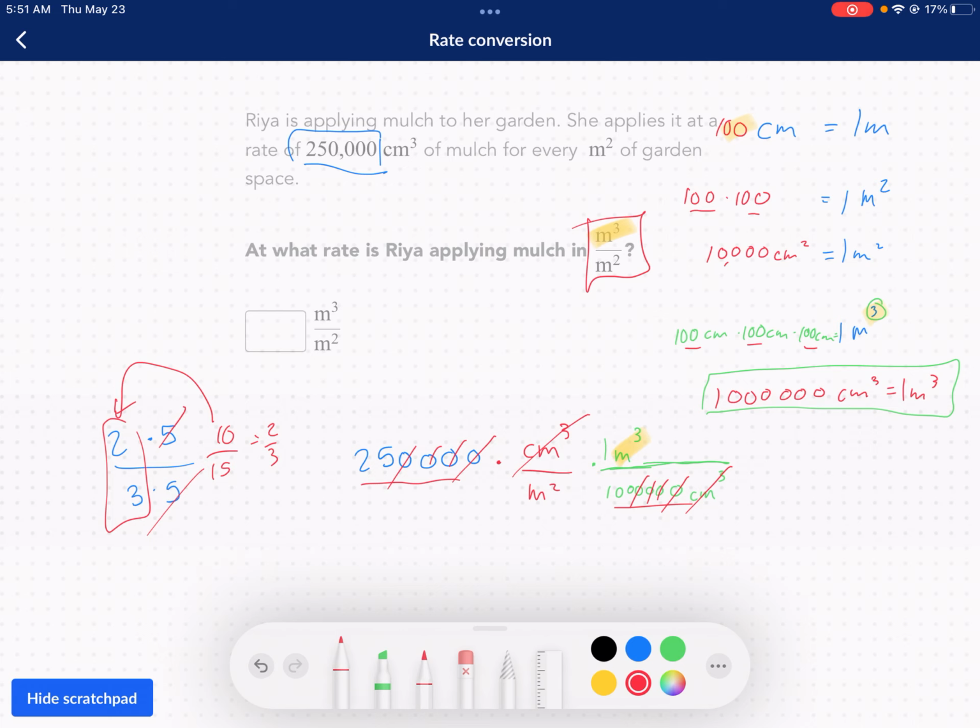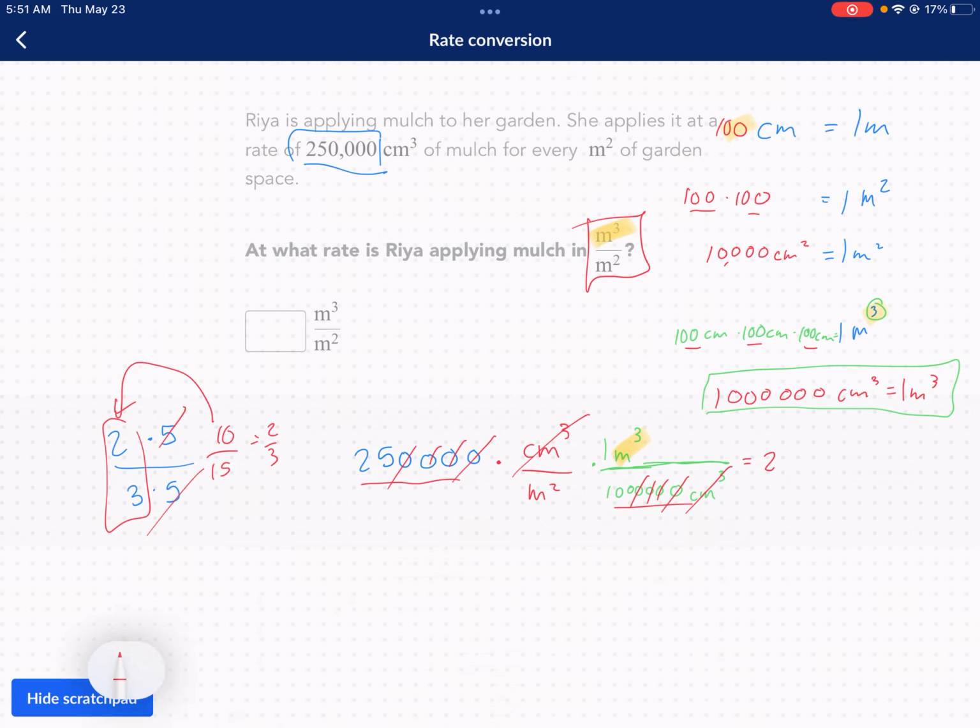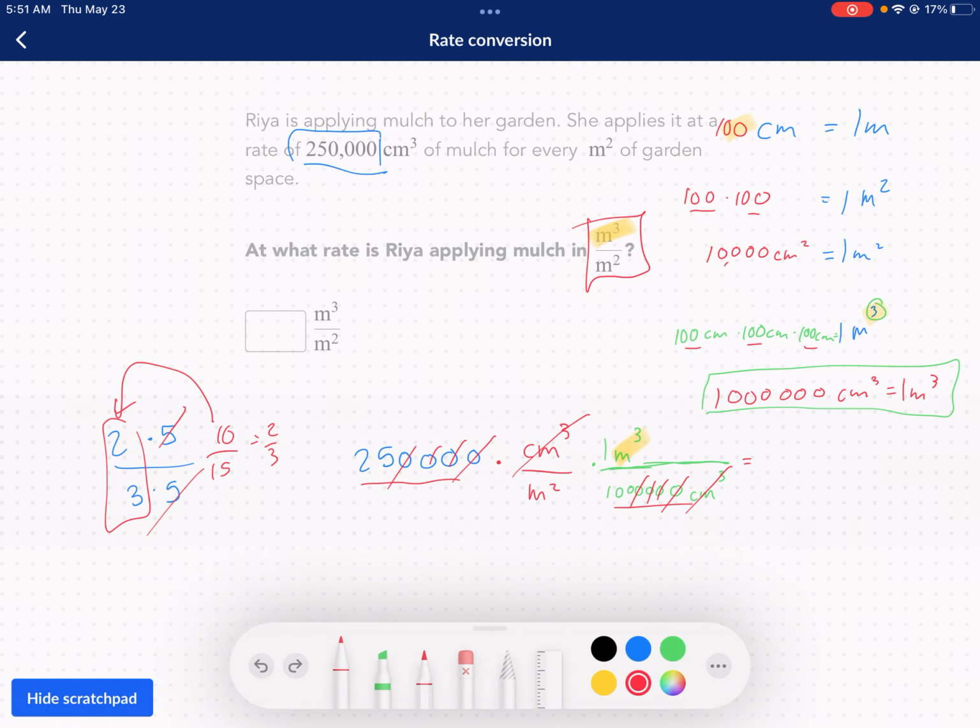Once I'm done with that, I'm going to rewrite this because it's kind of messy. I have 25. Let me do it in blue. Trying to get my blue here. All right. So I have 25, okay, times, I crossed off centimeters squared, so that's gone. I'm going to put just 1 meter squared times meters cubed.